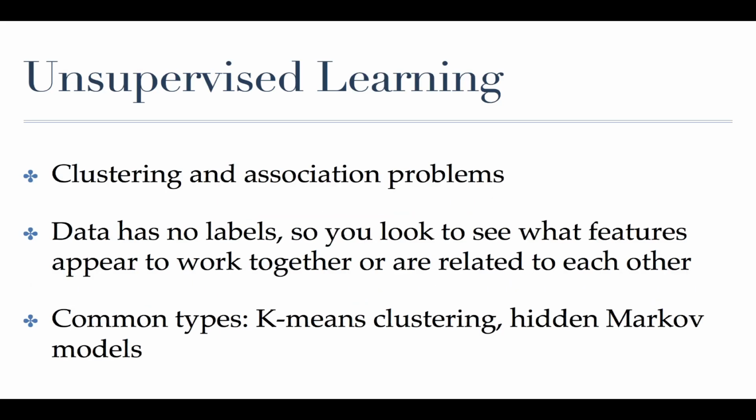So, unsupervised models are used for clustering and association problems. The reason for that is we can't classify something that we don't know the classification for ahead of time. This type of model is designed for learning when you don't have any test labels. You have a bunch of features, but you don't know what the features correspond to. Oftentimes you have to tell the algorithm how many classes exist in the first place, if it's doing something closer to a classification.